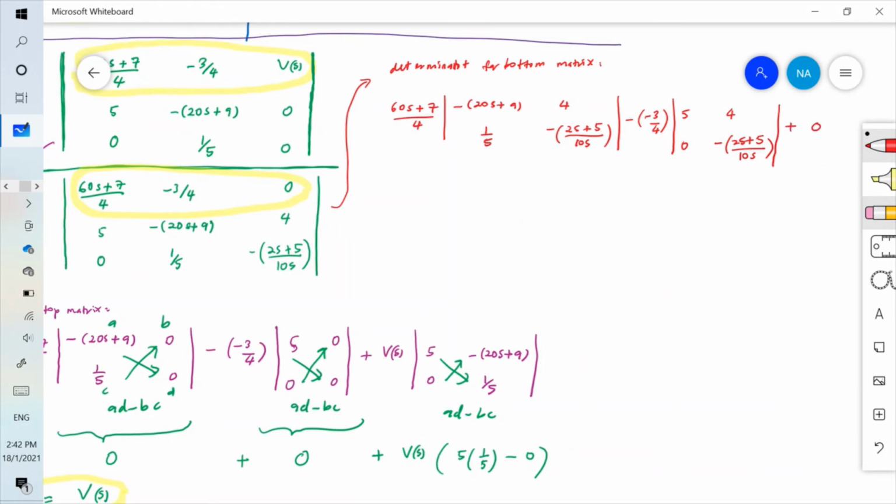So for the determinant for the bottom matrix, the arrangement is as what I've written. The third term is equal to 0 because for the first row, the third term is 0. So solve this.